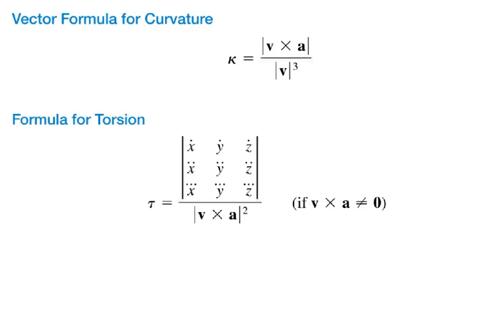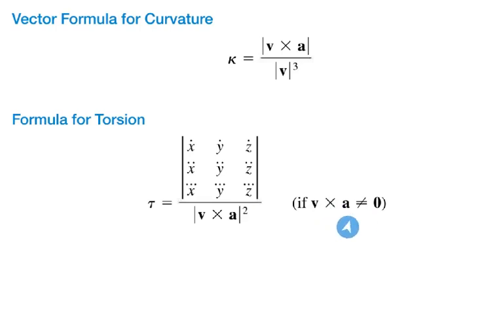So we can calculate this geometric property that seems to have nothing to do with the way the curve is parametrically defined. And then here we have our formula for torsion with some new notation we're going to talk about. Tau, the symbol we use to represent torsion, is the determinant of this matrix divided by the magnitude of V cross A, squared.